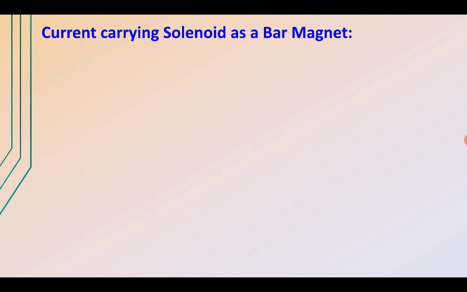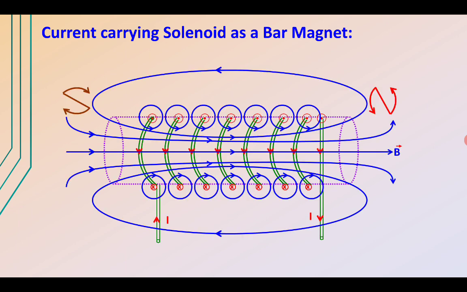Now, let us discuss the case of a solenoid, and how the solenoid behaves as a bar magnet. We have a current carrying solenoid, and you can see from this figure that the current flows through the coiling of this solenoid, and these are the magnetic field lines at each particular point on the solenoid. On this face the current is entering, so this face represents the south pole, and here the current is anti-clockwise, so this face represents the north pole.